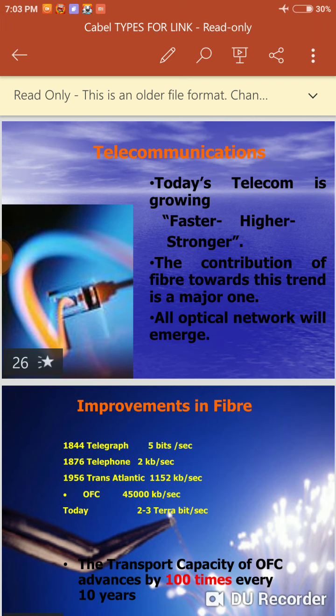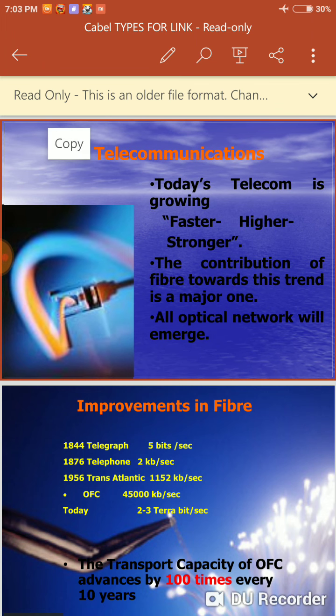Then we have seen the different types of optical fiber cable: single mode, multi-mode, step index and graded index, based on the refractive index of the core. Then the different advantages of optical fiber, and the comparison of optical fiber cable with copper wire or traditional media for transmission.